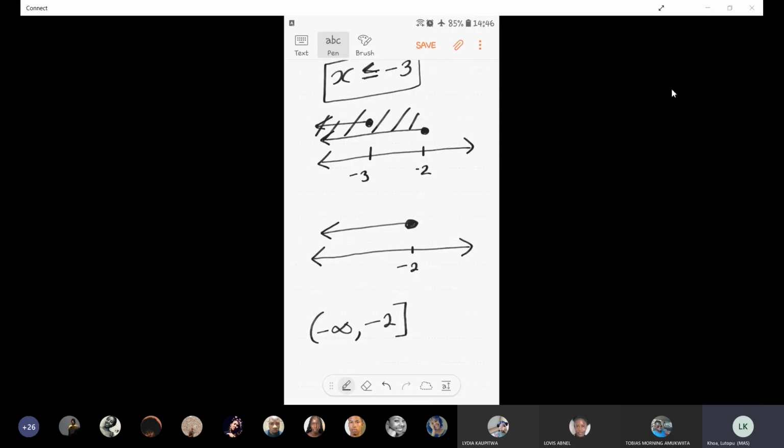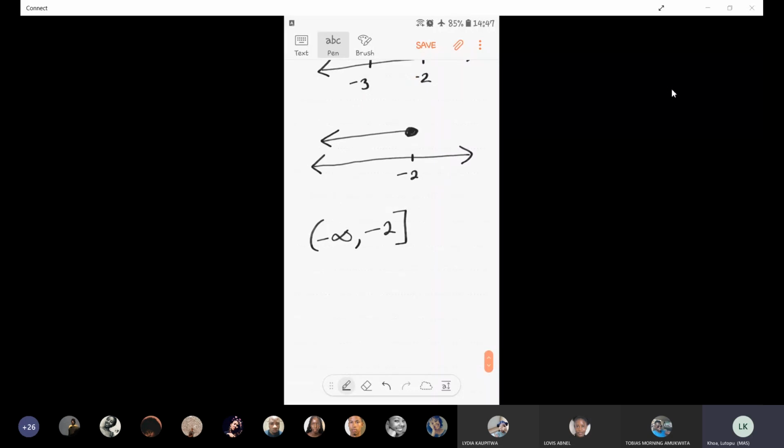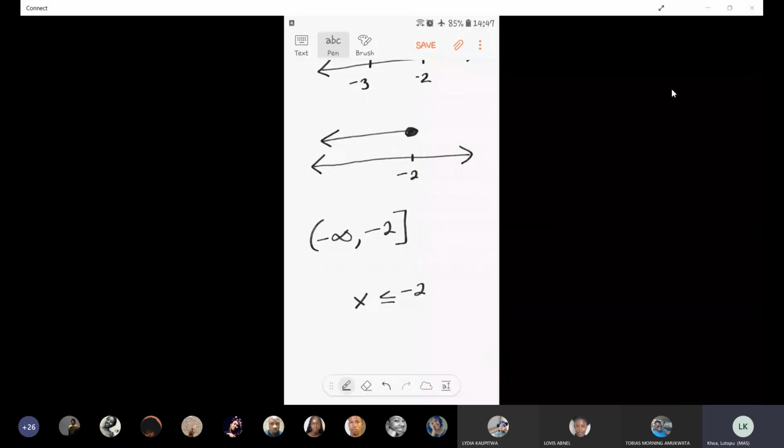Here I have a square bracket. So infinity and minus infinity are never included. When you have infinity and minus infinity as your endpoints, you must have a round bracket. Putting a square bracket is wrong. So that is how you would do it in interval notation. This is the same as saying x is less than or equal to -2, which we got from our solution.